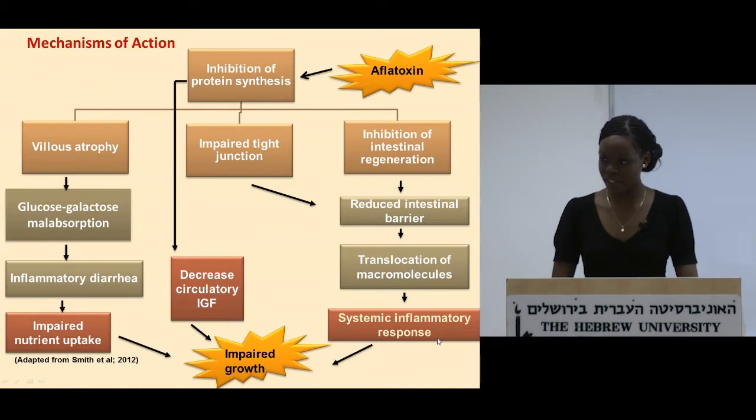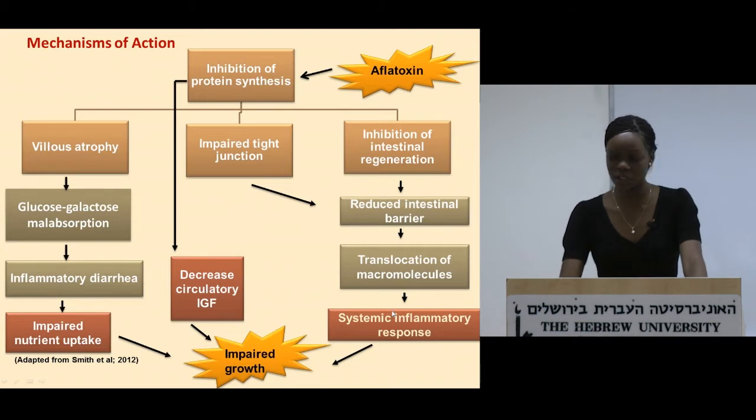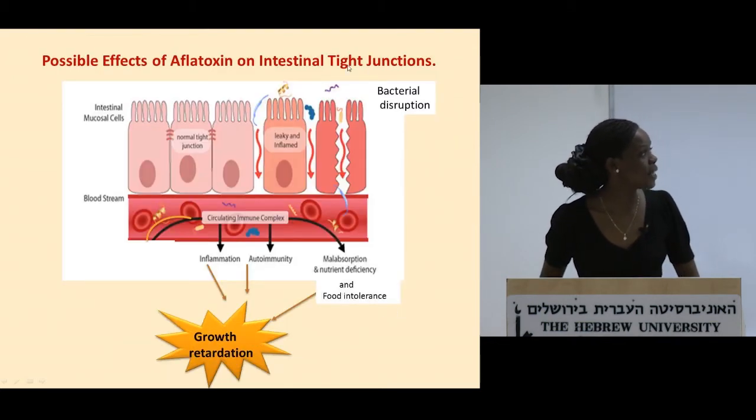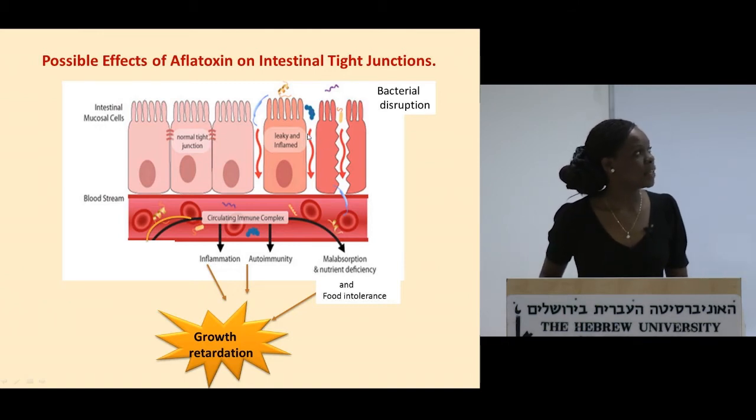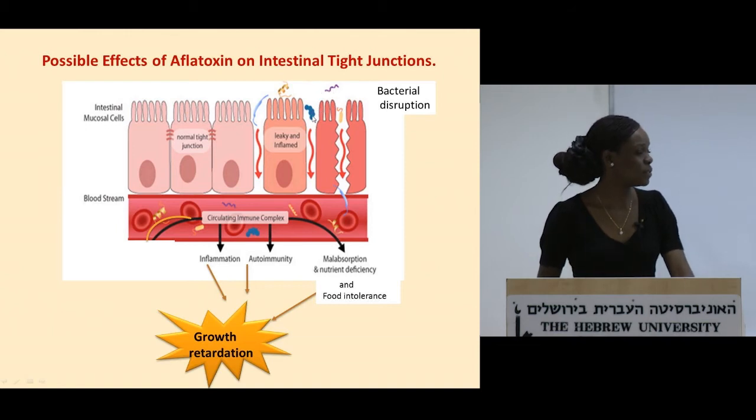And to emphasize the possible effects of aflatoxin on intestinal tight junctions, this illustration shows the normal tight junctions. But once a child is exposed to aflatoxin, these tight junctions are interfered with and become permeable, and therefore microbes and other antigens are able to infiltrate into the bloodstream, causing inflammation.